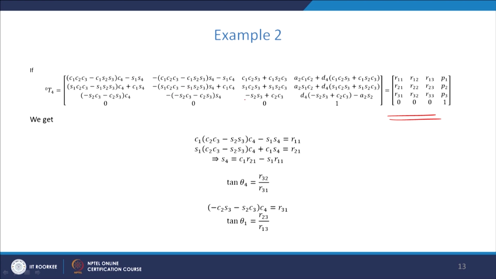Here we can easily see that there are 12 expressions on the left hand side and the corresponding 12 numbers on the right hand side.